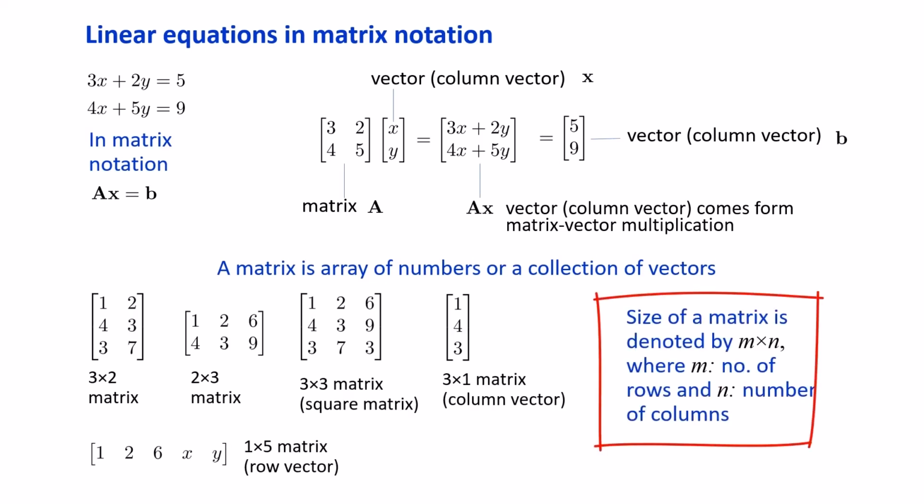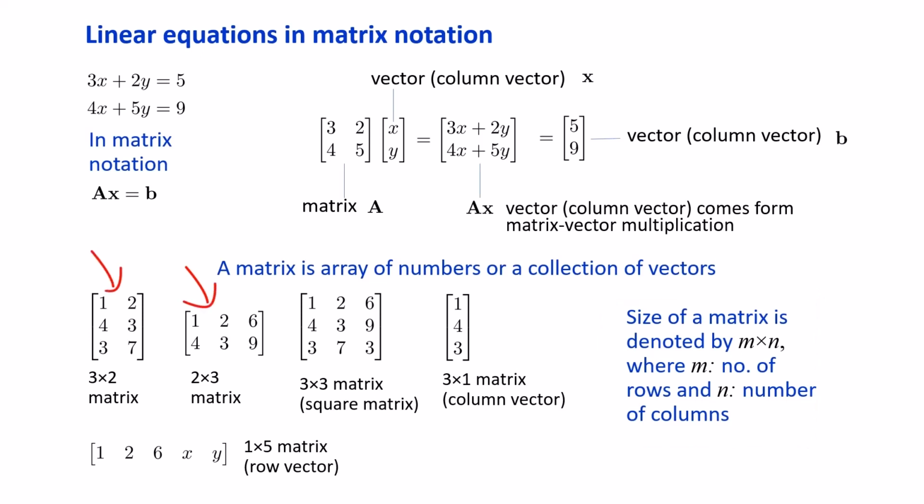See here the example of rectangular 2 into 3 and 3 into 2 matrices. In this course, we'll deal with plenty of square matrices like this 3 into 3 matrix. We'll also use many single column or single row matrices known as column vectors and row vectors respectively.